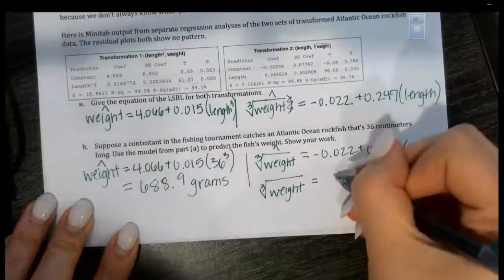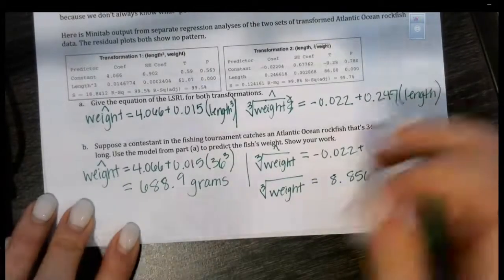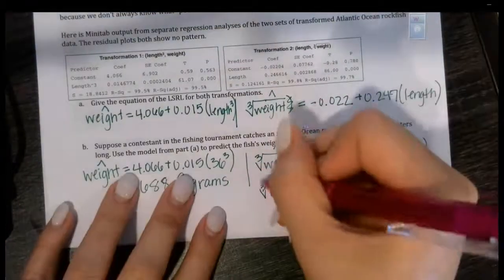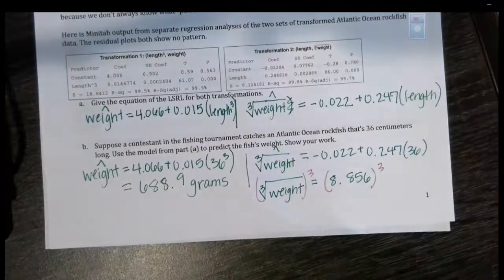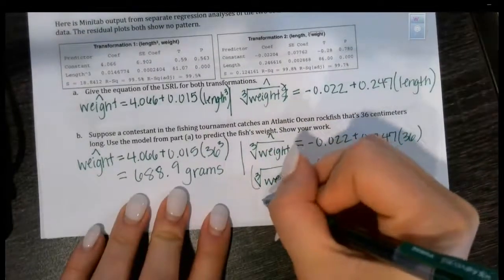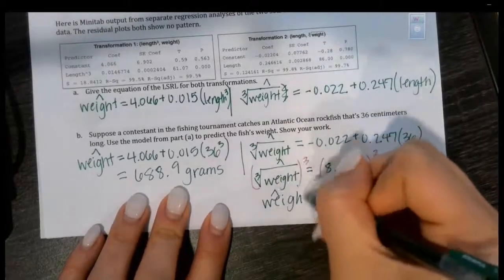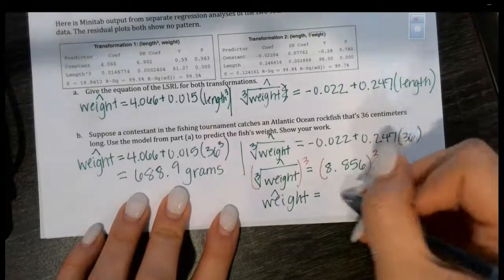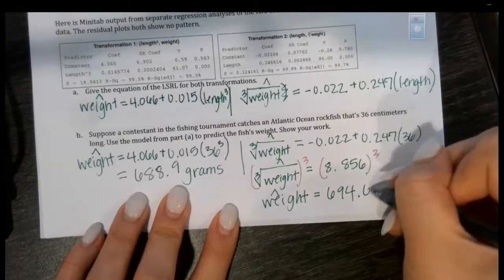So we get 8.856, and now we're going to cube both sides. So we get that the weight is equal to 694.6 grams.